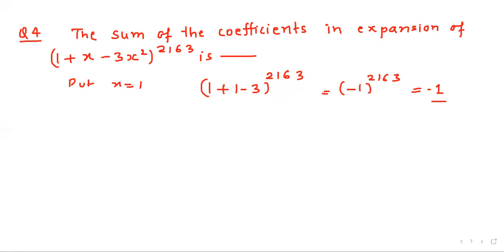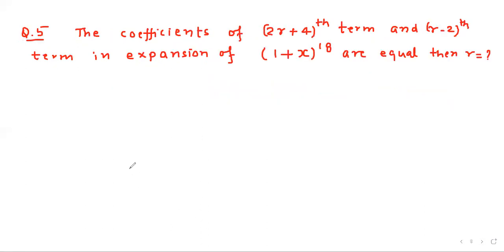Now, let's see the next question, question number 5. The coefficients of the (2r plus 4)th term and the (r minus 2)th term in the expansion of (1 plus x) power 18 are equal. Then what is r? So let's write the general term T(r plus 1) equal to nCr x power n minus r y power r.